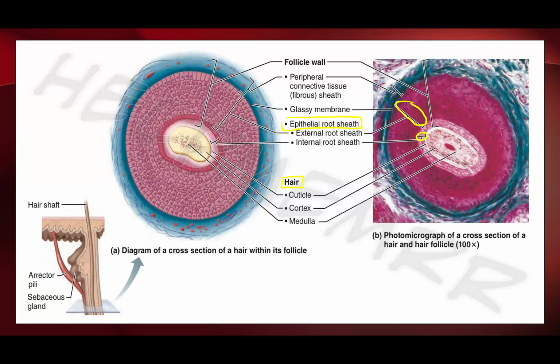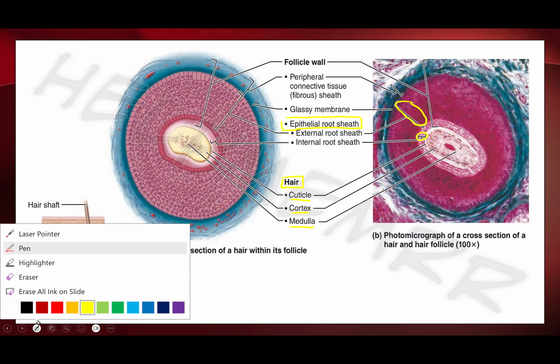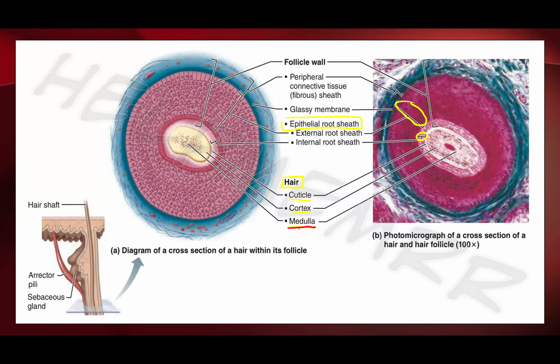In the hair, we're going to see levels just like our skin, where we'll have a cuticle, a cortex, and a medulla. Whenever you see that word medulla, I want you to think middle. Okay? Medulla means middle. Cortex actually means tree bark.